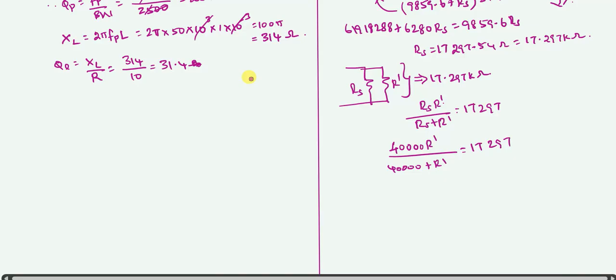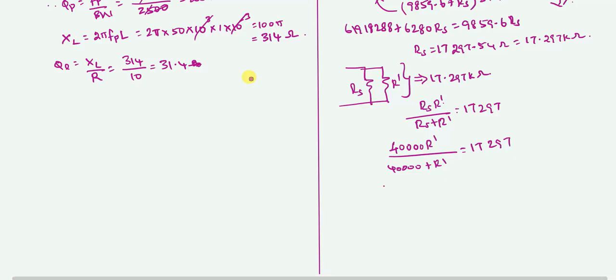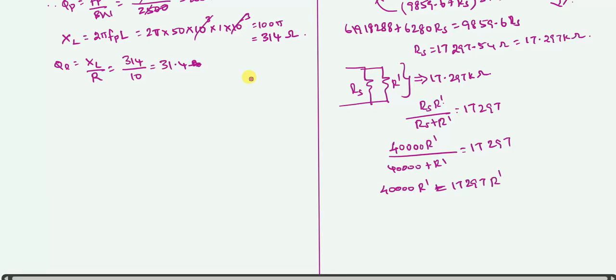If I multiply this, I get 40,000 R dash equal to 17,297 R dash plus 40,000 into 17,297. So this is the value I get. Now I take this term to the LHS side and I solve.